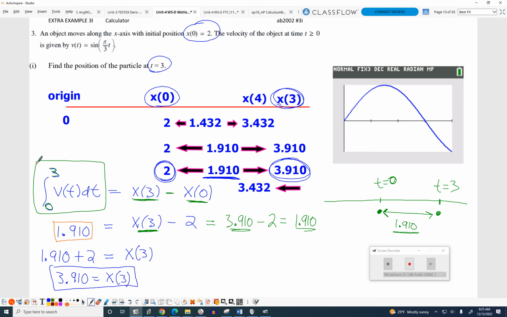What we know from the integral is I'm 1.9 to the right of where I was. But where I was was location 2. So on this path, now I've got to be over here at location 3.9, because I'm 1.9 to the right of where I began. So the integral is not telling me where I am. It's telling me how much my position changed. Other questions?